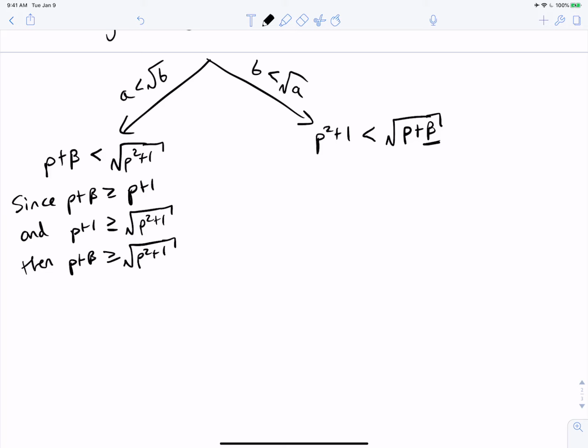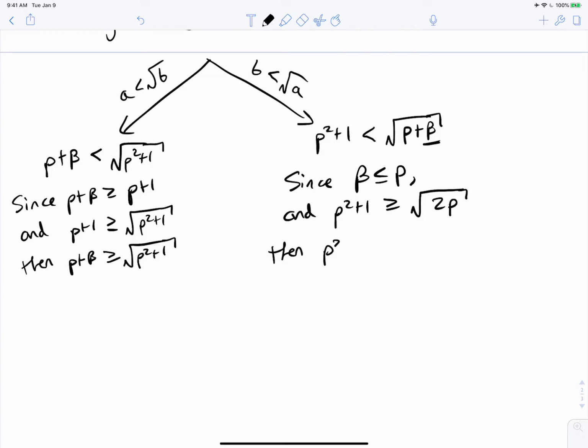It's at most p. So since beta is at most p, and p squared plus 1 is at least as large as the square root of 2p, then p squared plus 1 is at least as large as p plus beta.